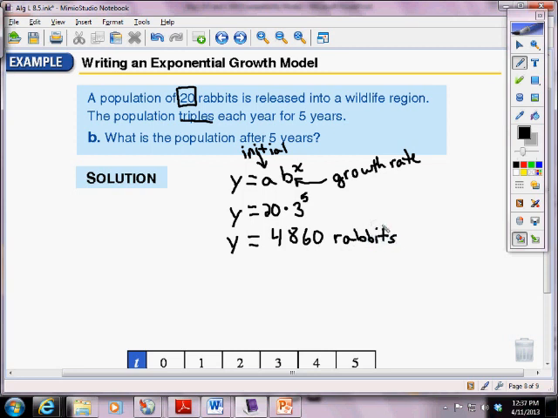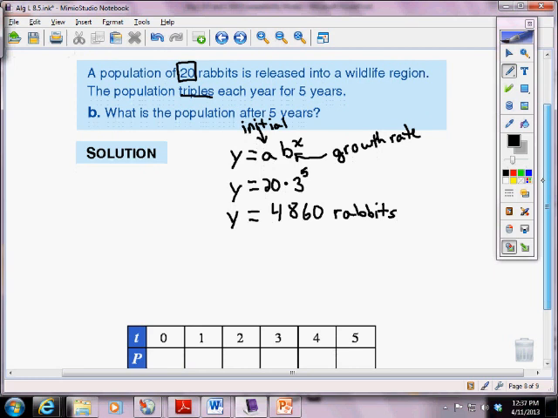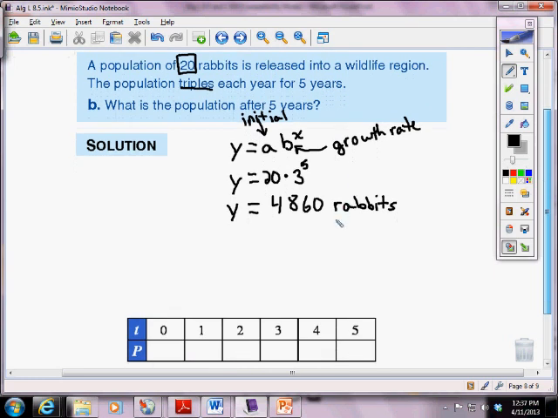Now, that's great. It's the correct answer. But it doesn't really show how exponential growth works. So let's use this table down here so we can graph it. With linear functions, we can graph using slope-intercept form, and it's pretty easy. There are no shortcuts with exponential functions though.